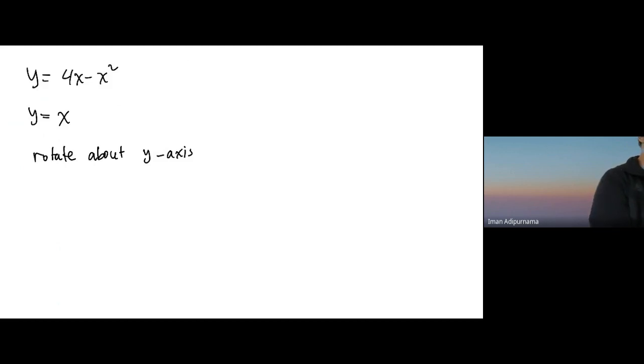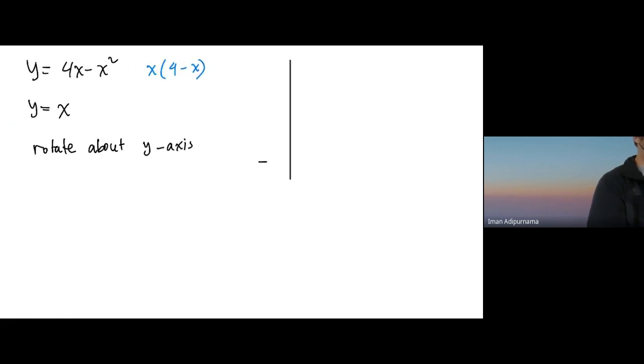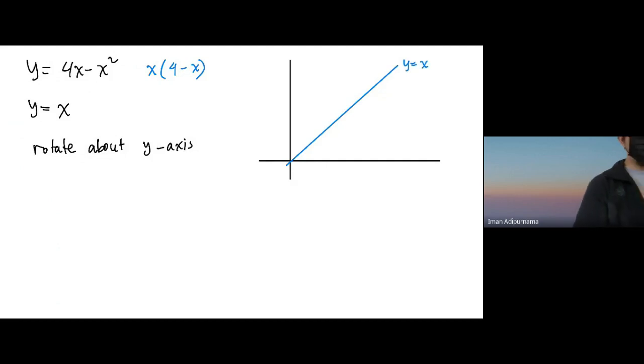Okay, if we take the x outside, then we'll have this factor, so we can draw. At least you know this is the y equal x, and you will have the 4 and 0.